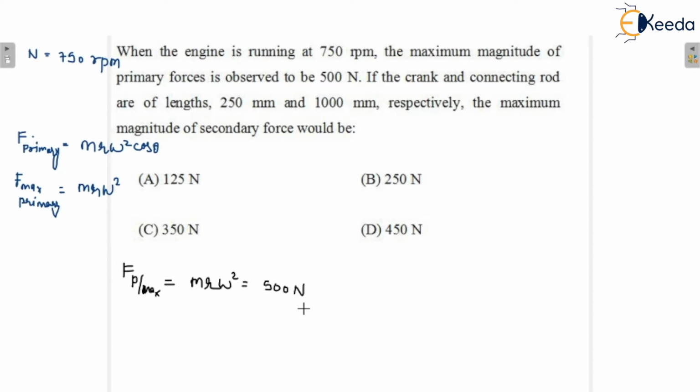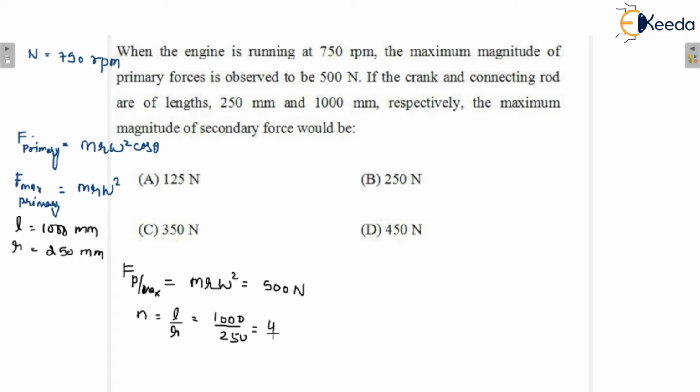If the crank and the connecting rod are of length 250 mm and 1000 mm, so the length of the connecting rod L is given, and the radius of the crank is given. From these two values you can find out the obliquity ratio, that is n, okay. So n would be calculated as L upon R, so you will get an obliquity ratio of 4, okay.